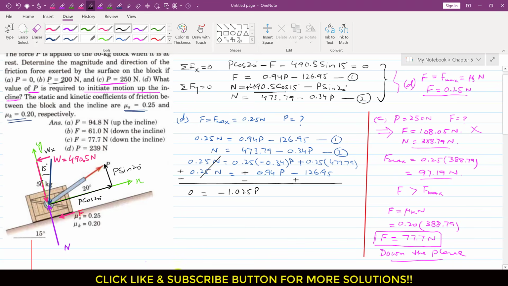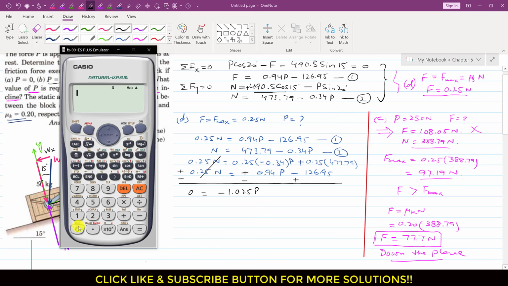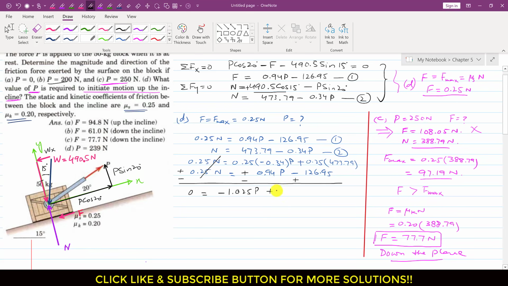And similarly we will add up both of these as well: 0.25 into 473.79 plus 126.95, so this is 245.40. So now we have this equation.